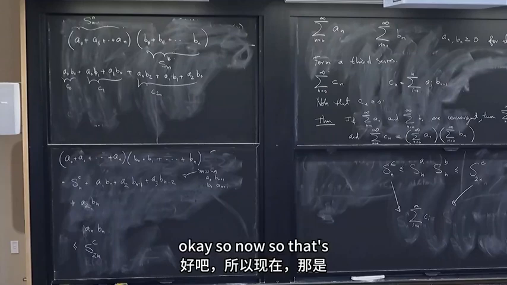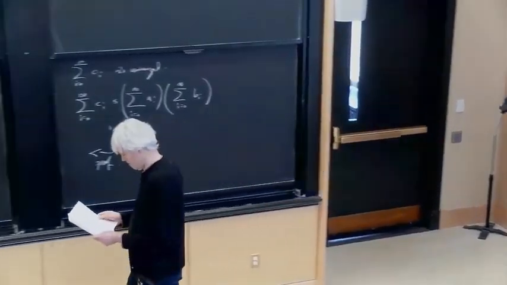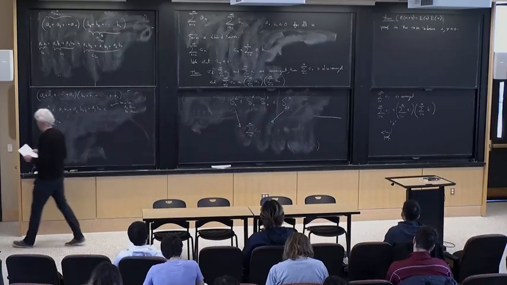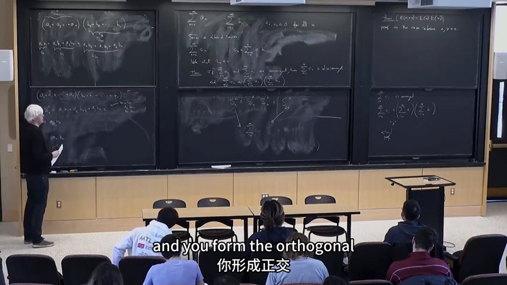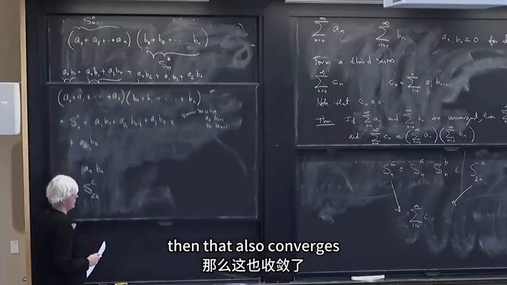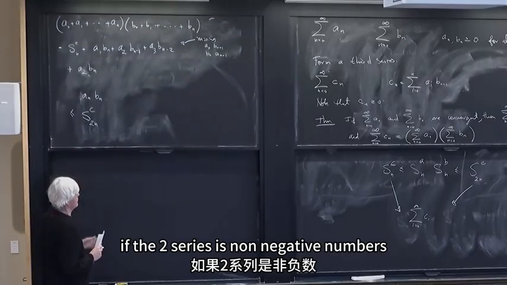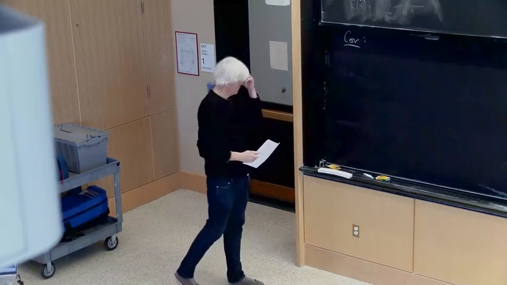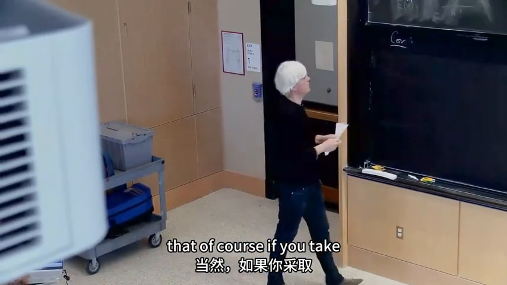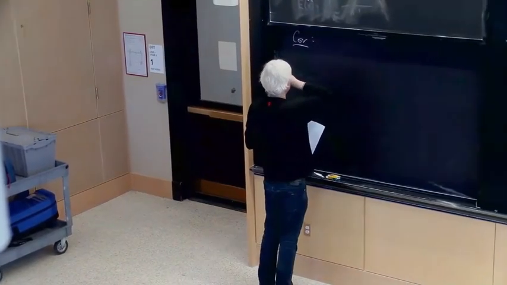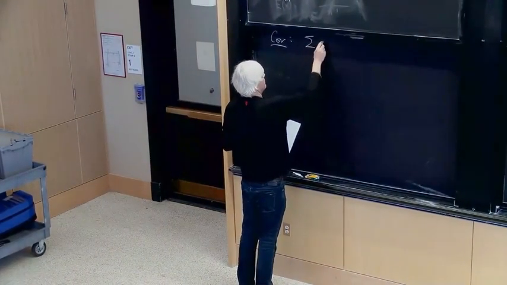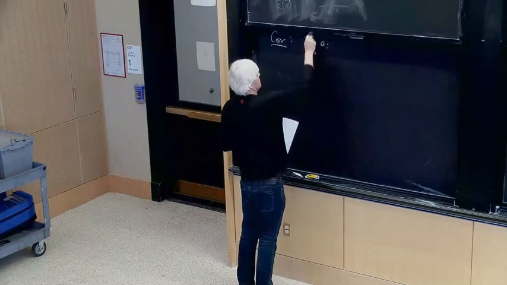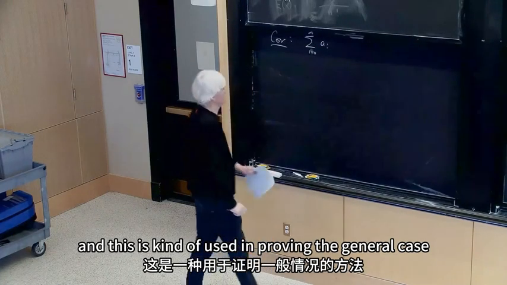Okay, so this is that if you take two series and you form the product, then that also converges if the two series are non-negative numbers. So let me just make a corollary of this. I'll just do a trivial corollary, but you can see how you can use this, and this is used in proving the general case.